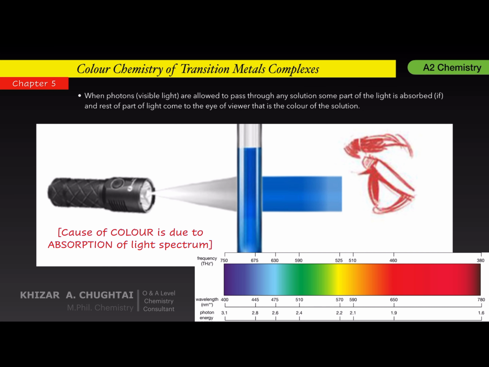Either that color is not being absorbed by the complex, or some other color is absorbed and gives a complementary color. If it is absorbing the red region and the rest of the colors mix together, they constitute blue color to the eye of the viewer.